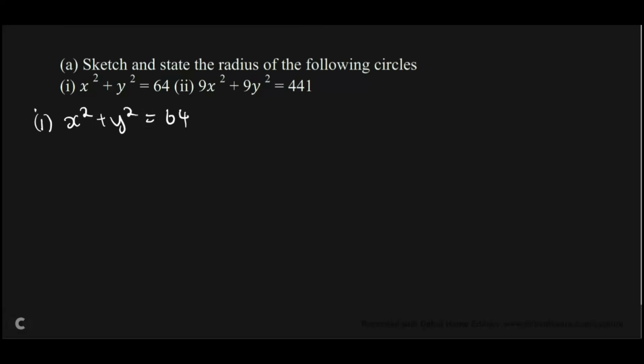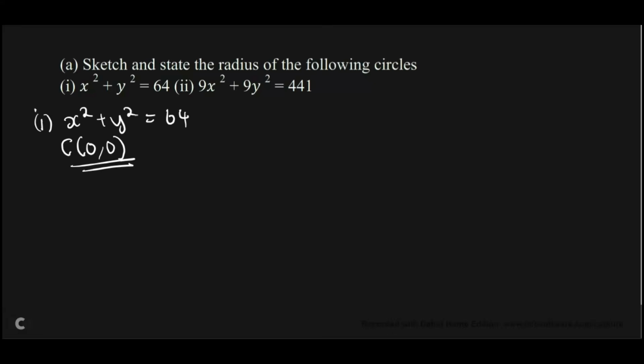So in this situation, what is the standard equation for this one? Or in short, what is the center? The center in this situation is 0, 0. Why is it 0, 0?